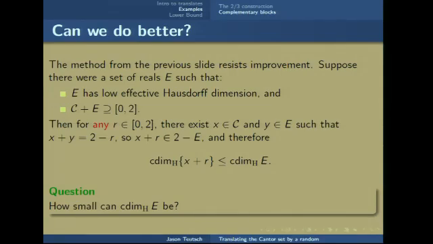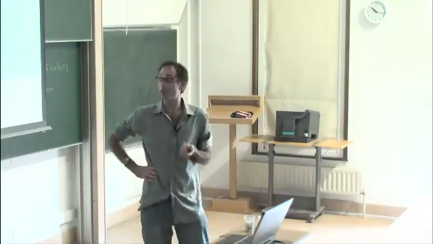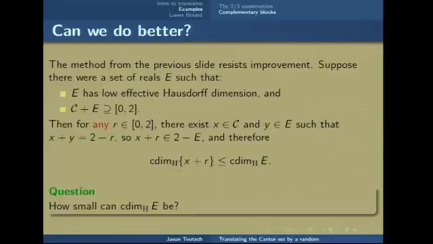So for any real r in 0, 2, there's an x in the Cantor set and a y in E, so that x plus y equals 2 minus r. So any point in 0, 2 can be written in the form x plus y.